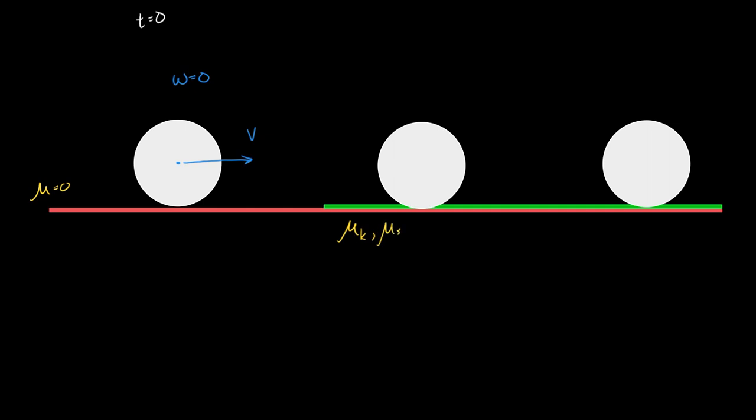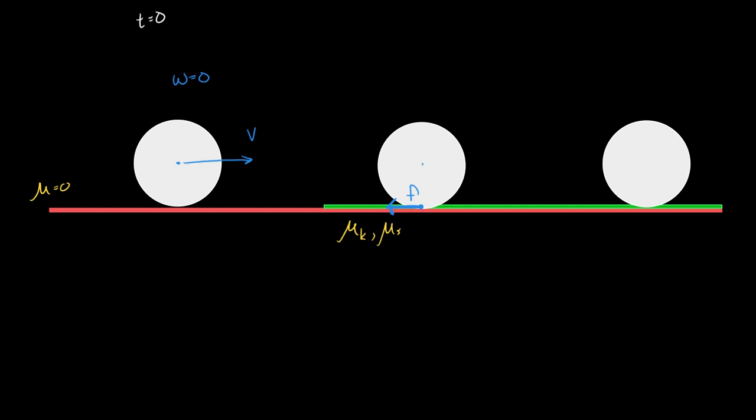All right? The moment it hits the part of the surface where there's friction, there immediately springs to life a frictional force that acts at the single point of contact between the ball and the ground, right? Suddenly there's friction. That friction acts on the center of mass.